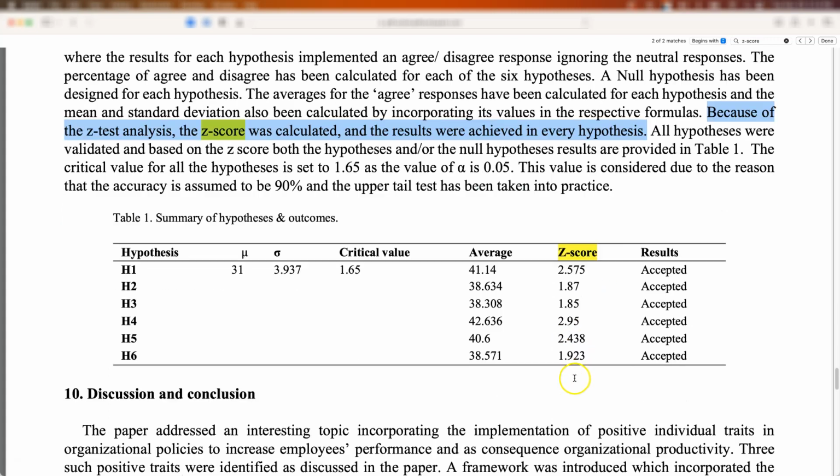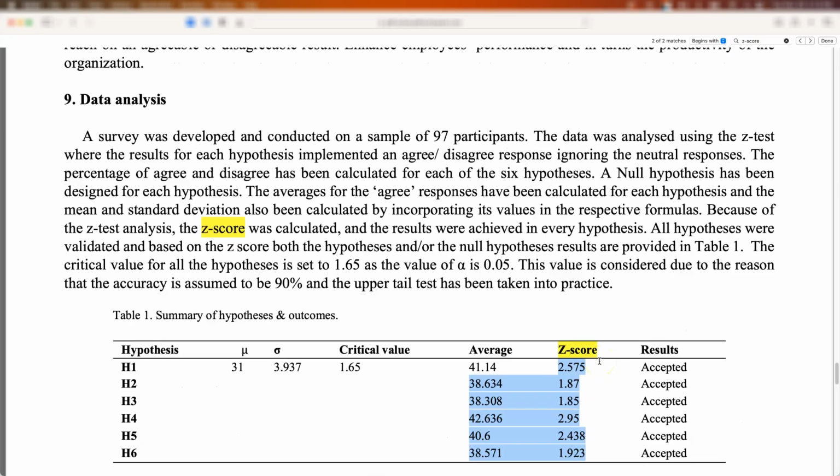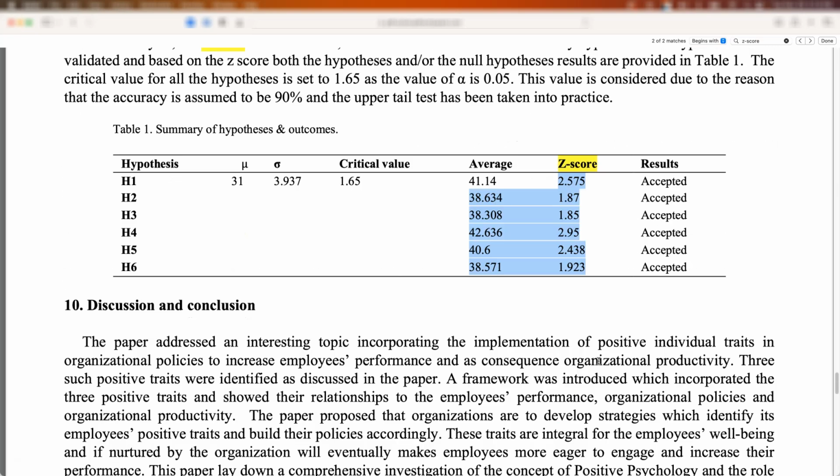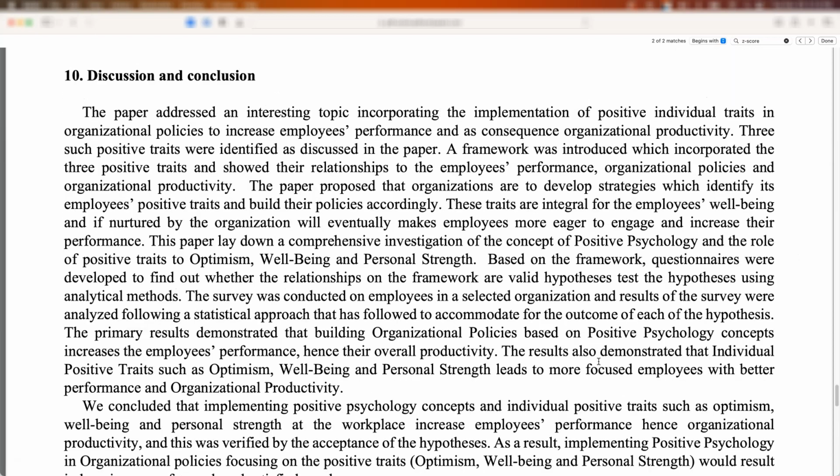If we look at their z-scores here, these are all positive. And if you recall correctly, a positive z-score means that it is supporting that. Now we also have some information here that we want to look at in terms of what they're doing with it.